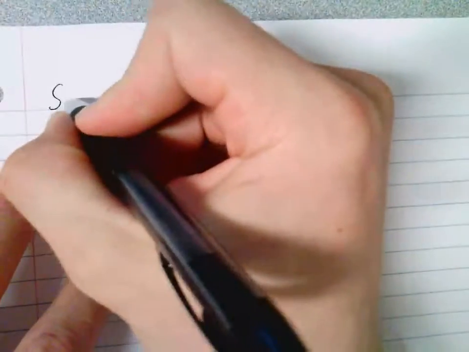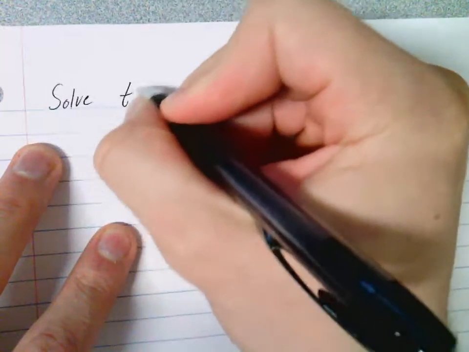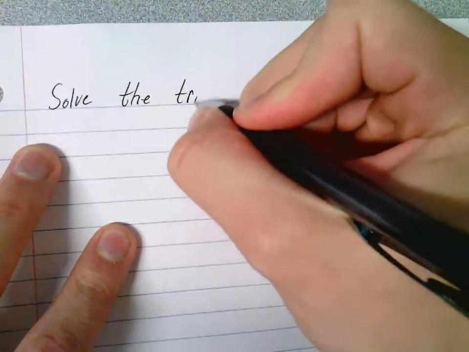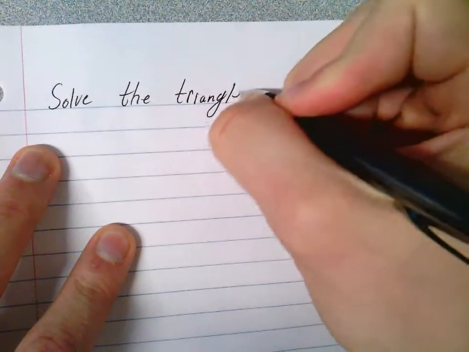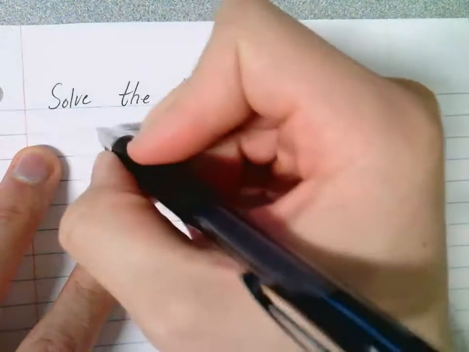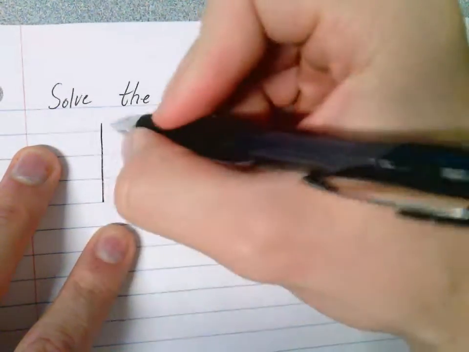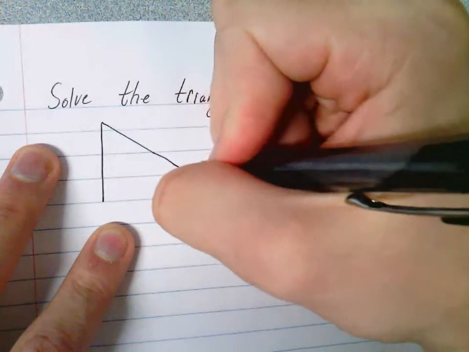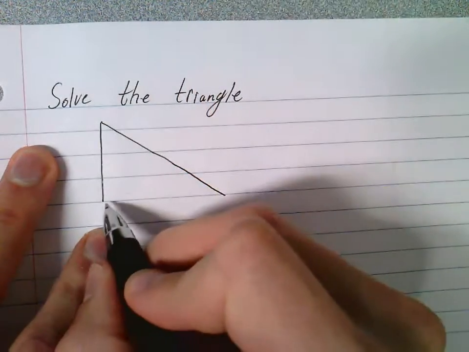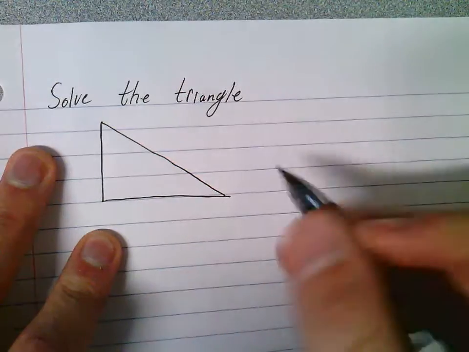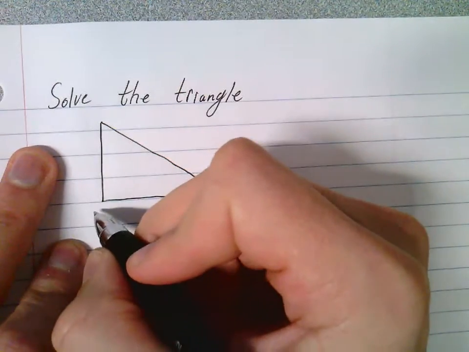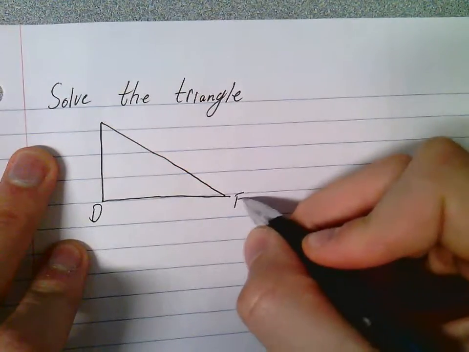I want to solve this triangle. It looks like all they're going to give us for this triangle is that it is a right triangle. We'll call it DEF.